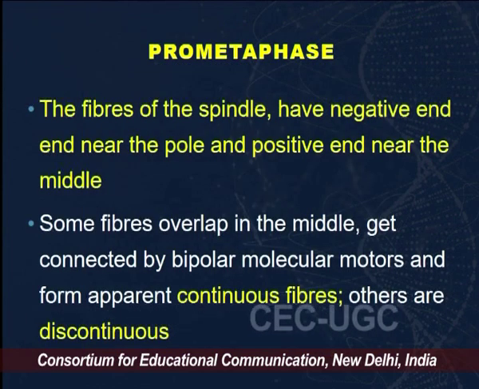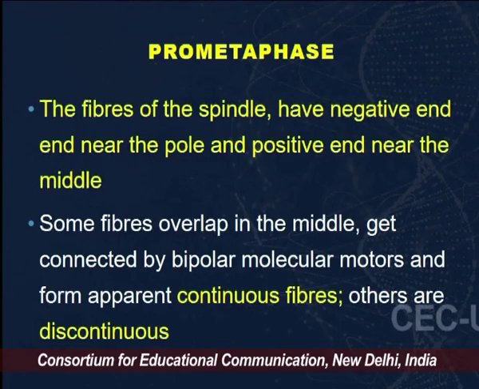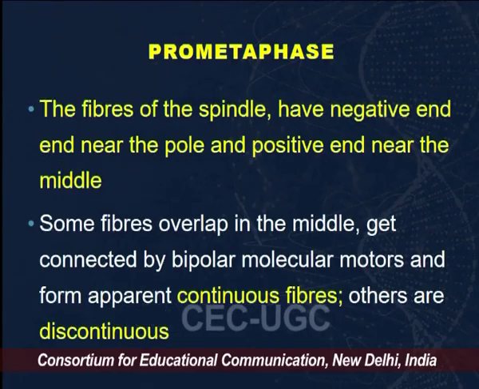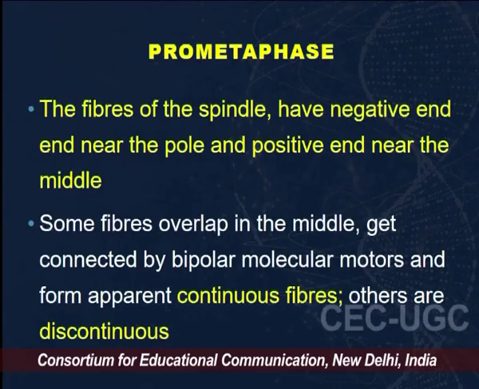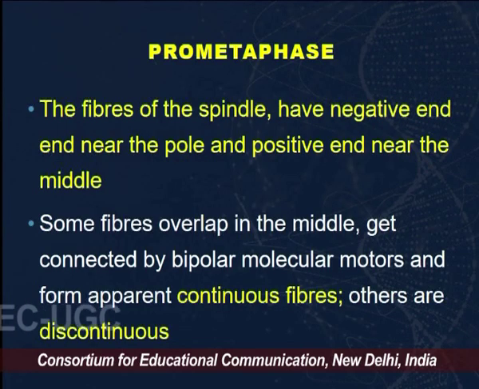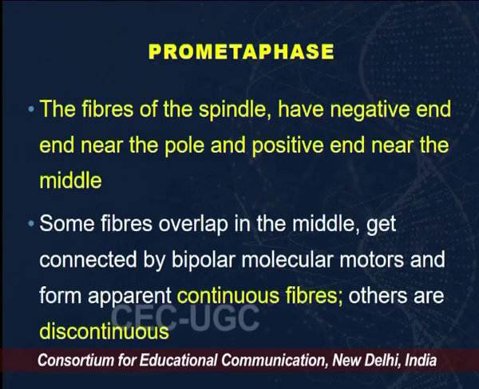The fibers of the spindle have a negative end near the pole and a positive end near the middle. Some fibers overlap in the middle, get connected by bipolar molecular motors and form apparent continuous fibers; others are discontinuous. Those in the middle appear to be connected to each other, which is why they are called continuous fibers, while the rest at the corners are discontinuous and not connected to each other.